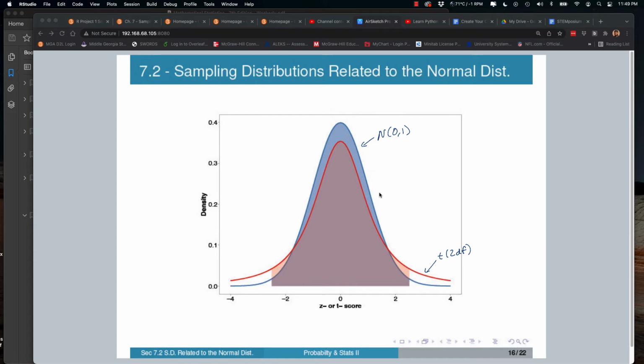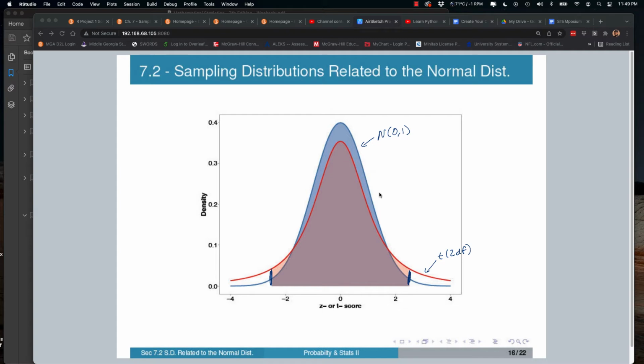What we're looking at here is that the t-distribution has what we call fat tails. In other words, the tails are higher up for the t-distribution than they are for the standard normal. That's important to note because that changes how the probabilities underneath the curves come out for us. Notice in the shaded red here, I've got the area under the t-distribution, and it comes out to a wider spot here, so that probability is very similar.